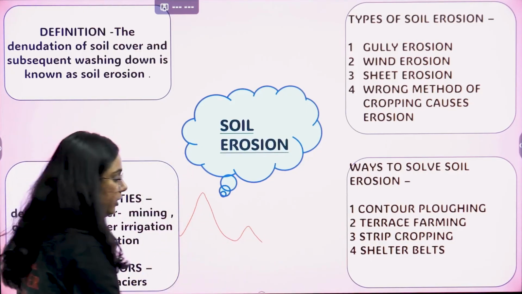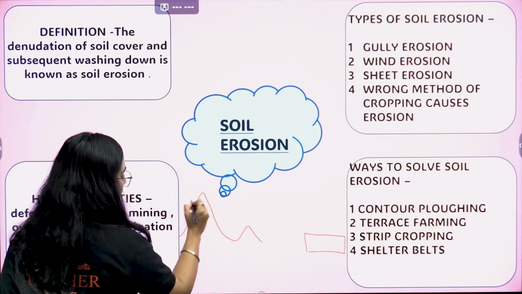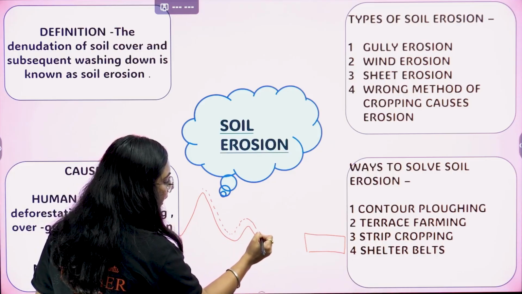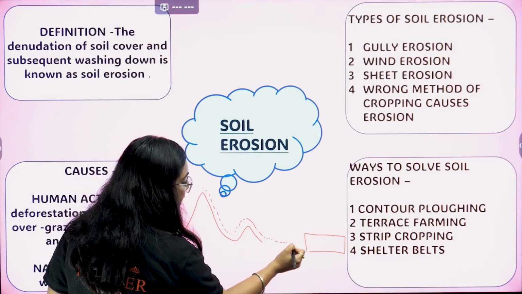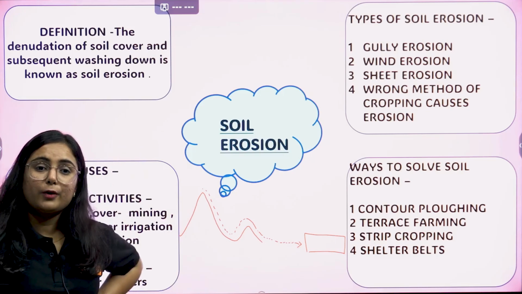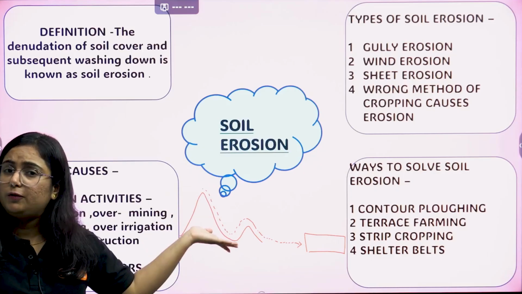You have land somewhere near to that. Now water is coming from this region with a flow, and will eventually move to your land area. If you are growing crops here, the crops will be destroyed because of the fast flow of water.